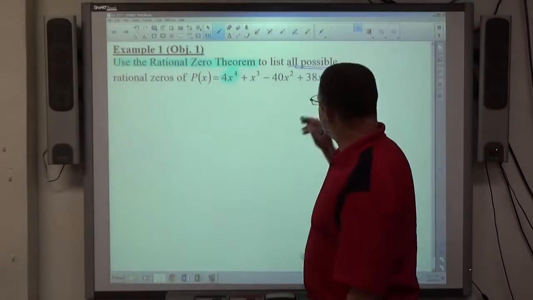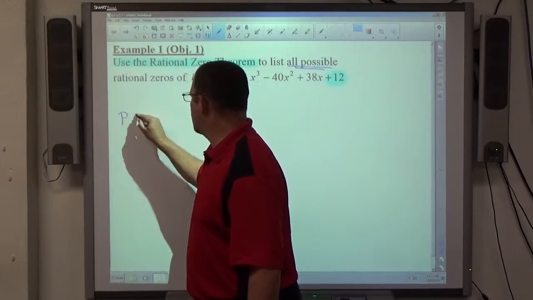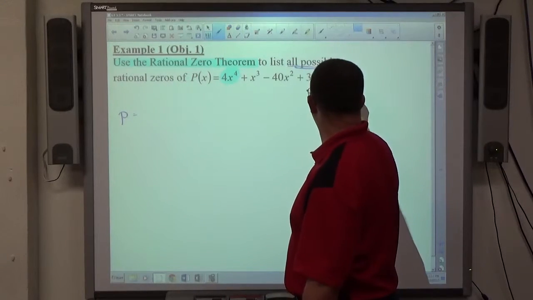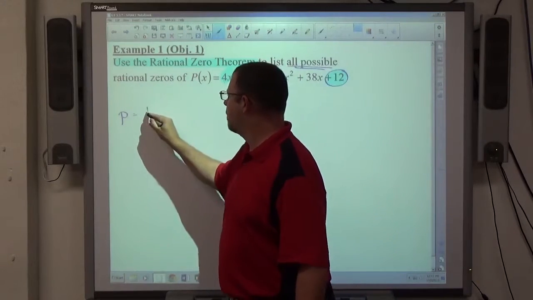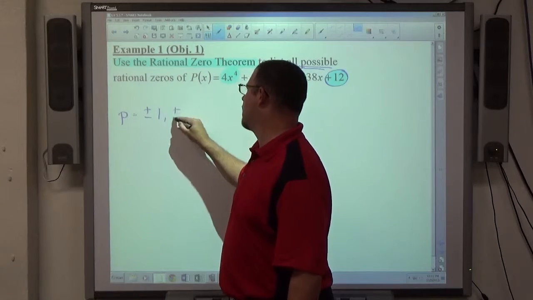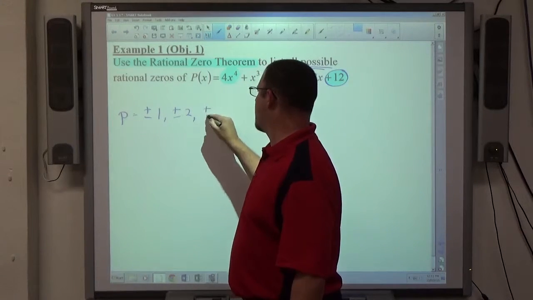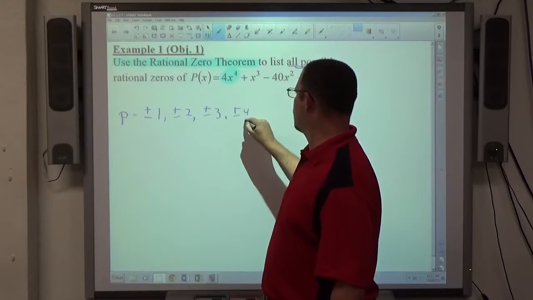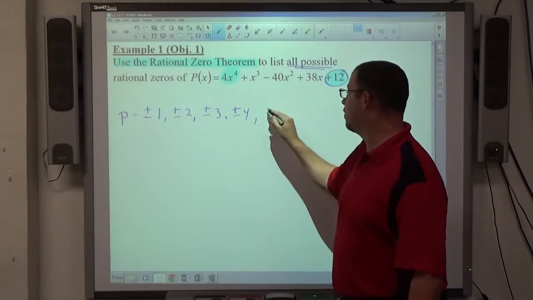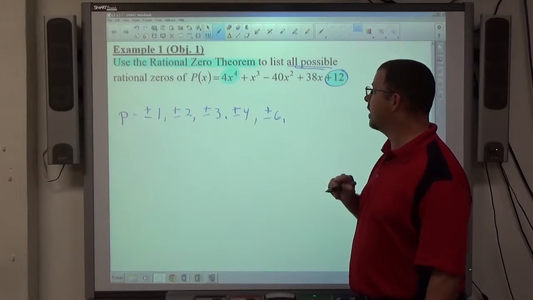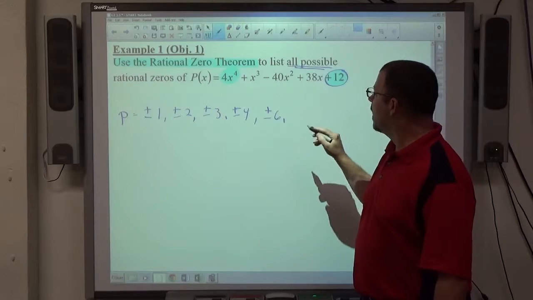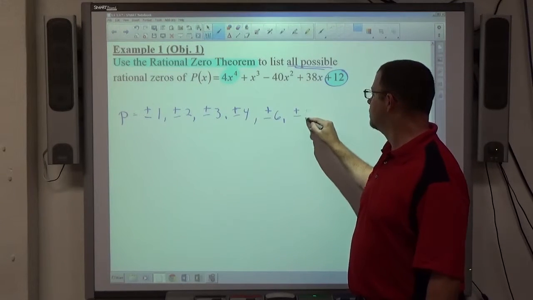I want to list P, which is all the factors of 12: plus or minus 1, plus or minus 2, plus or minus 3, plus or minus 4. 5 doesn't go into 12, plus or minus 6, 7, 8, 9, 10, 11 don't go into 12, and plus or minus 12.